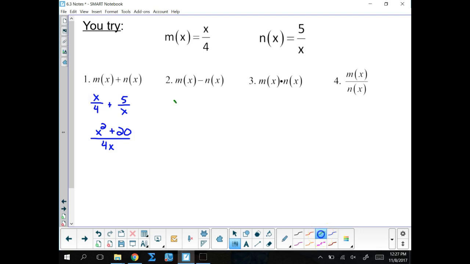So this would have been x over 4, but now minus 5 over x. And so that would be x squared minus 20 over 4x. This one, x over 4 times 5 over x, simplifies down to 5/4.